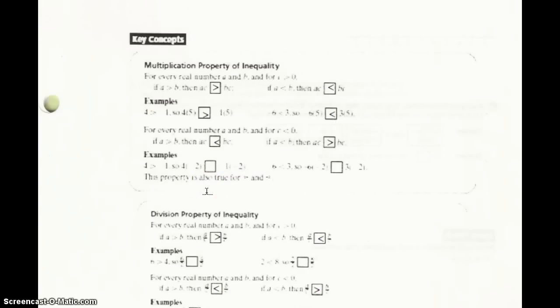So let's just look at an example, and this might help to start make a little sense for you guys. So I have that 4 is greater than negative 1. So if I decide to multiply both sides by negative 2, then I have 4 times negative 2. And we know that 4 times negative 2 is going to be negative 8.